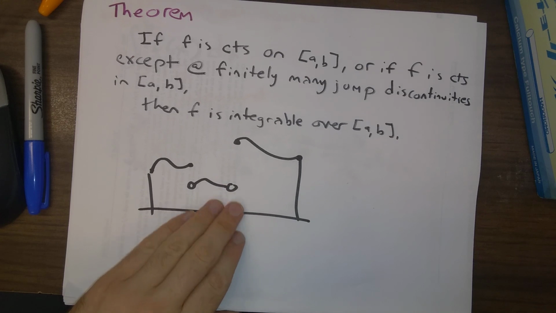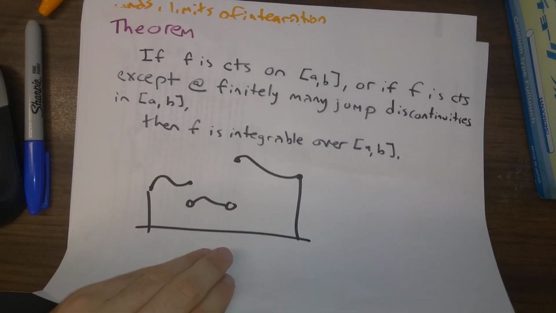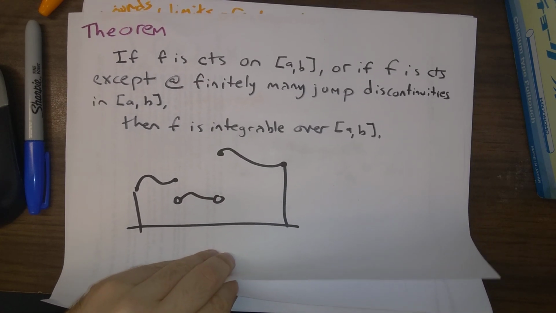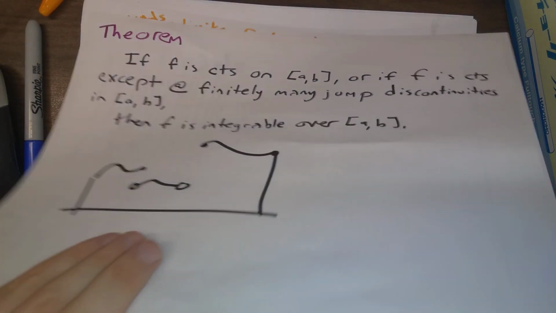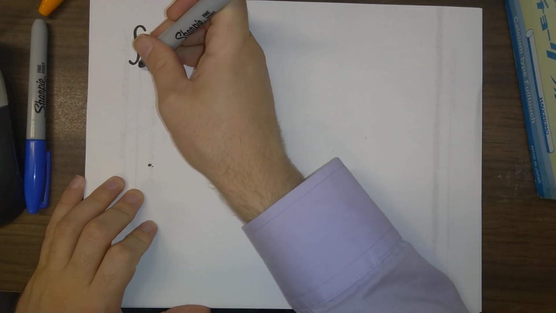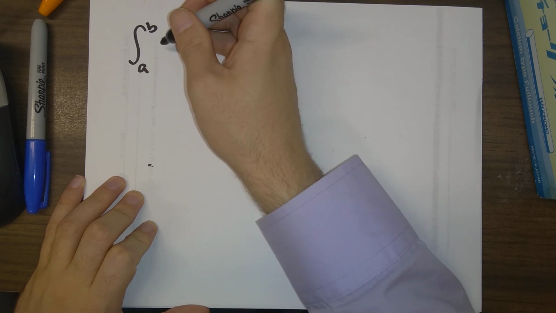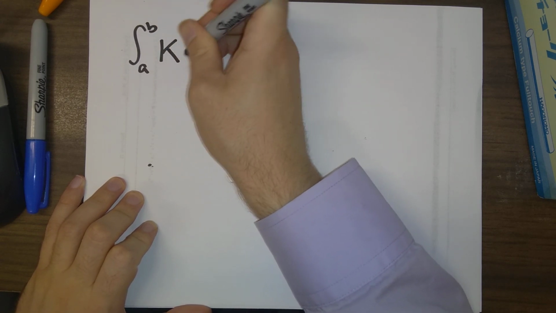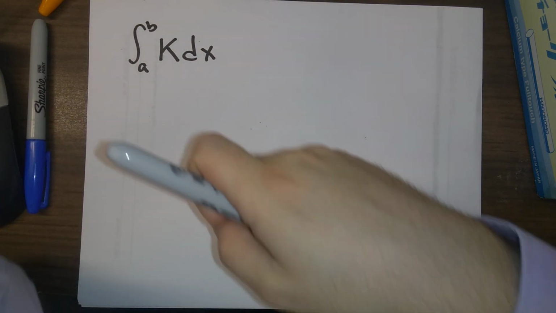At this point we want to start thinking about some actual answers to our definite integrals. The first one: let's think about what happens if we integrate from a to b of k dx, where k is a constant.